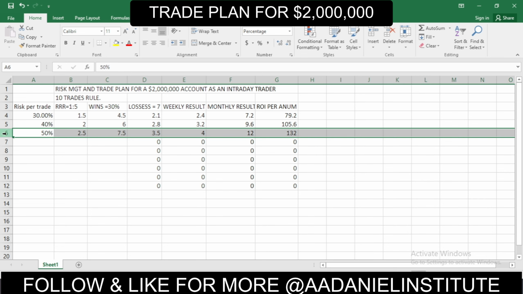So you are risking 0.5% of your $2 million account. You have 2.5% for 1 win. 3 wins give you 7.5. 7 losses, you lose 3.5%. That's 7 times this, you get 3.5.